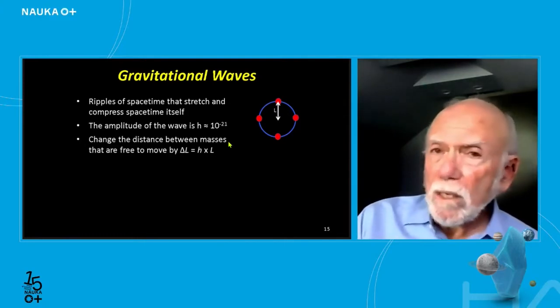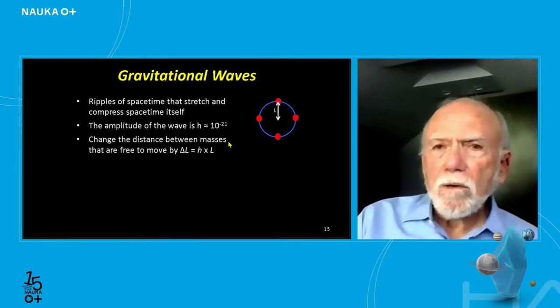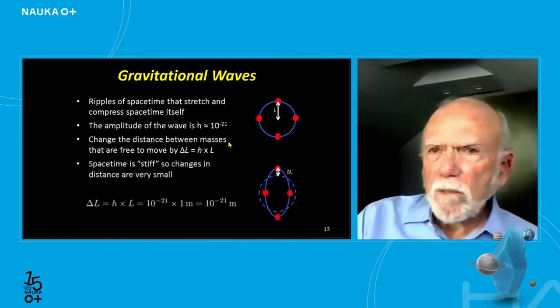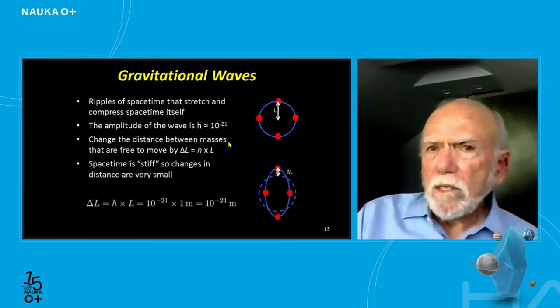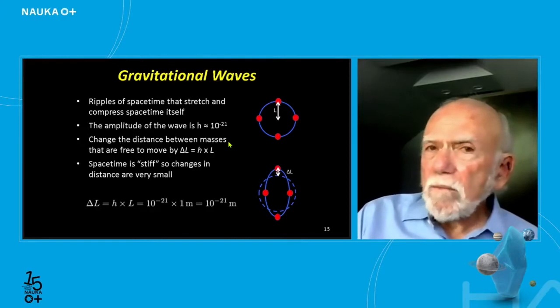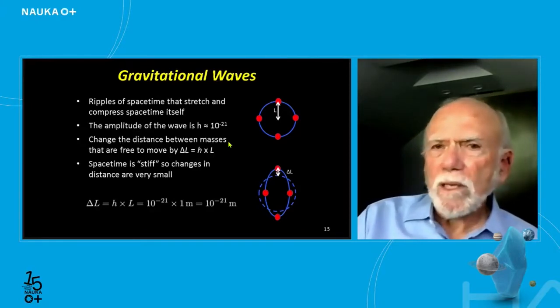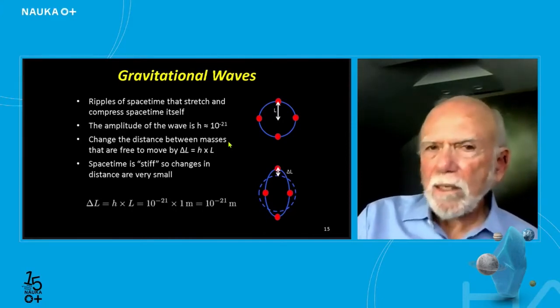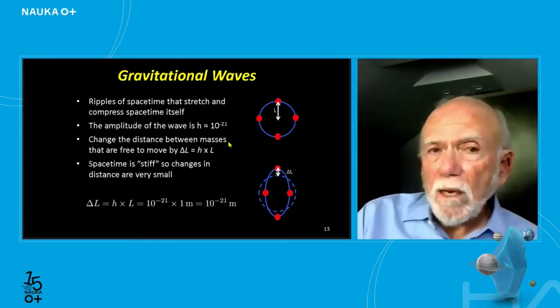If I have a ring with free masses around it, and a gravitational wave comes through, it'll distort it like the picture I've drawn on the bottom, so that it becomes more elliptical. Since gravity is a wave, it changes each half wavelength such that it'll distort first vertically and then horizontally, then vertically, then horizontally, at the frequency of that gravitational wave.